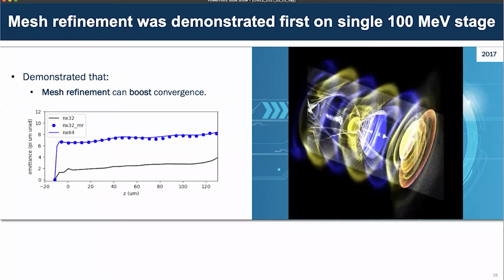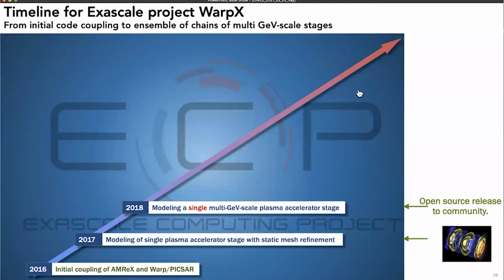So that indicates we have not converged, but regardless, what we showed is that using a coarse grid everywhere, plus a mesh refinement patch around the beam, we were able to recover the result of the simulation with the fine grid everywhere. So that was a nice demonstration of the mesh refinement patch on a somewhat short simulation. It was only a 100 MeV stage in that case.